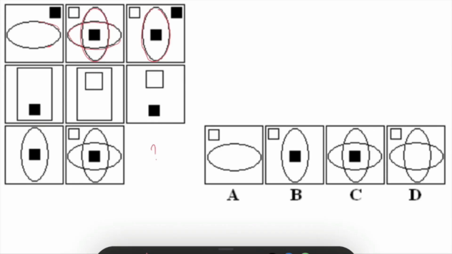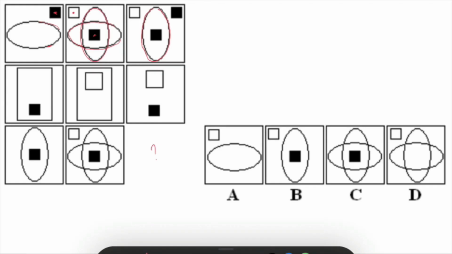Let's study the boxes. I have black boxes here, then the black box moves to the center, and a white square appeared here.